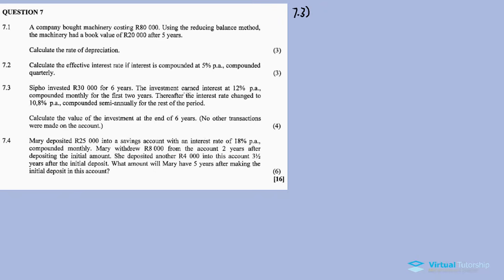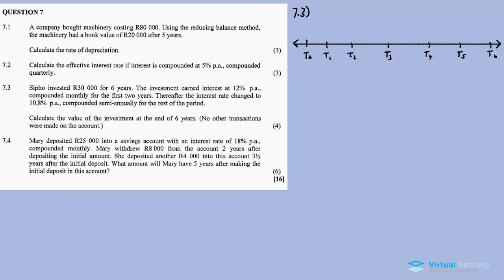The investment earns interest at 12% per annum compounded monthly for the first 2 years. Thereafter, the interest rate changed to 10.8% per annum, compounded semi-annually for the rest of the period. Calculate the value of the investment at the end of 6 years. No other transactions were made on the account. So we need a timeline for a period of 6 years.